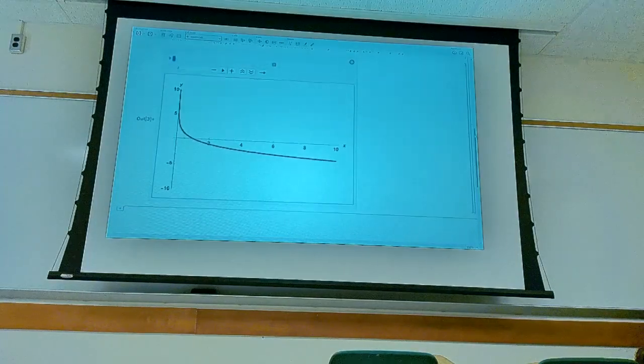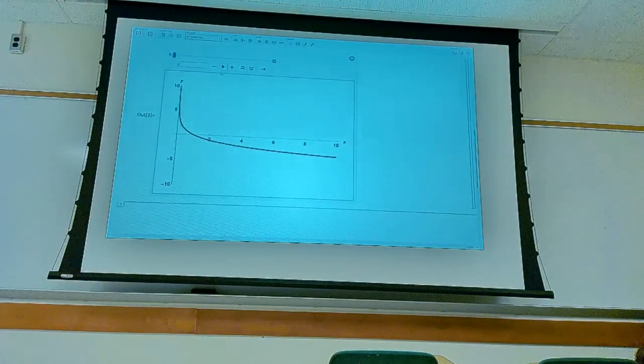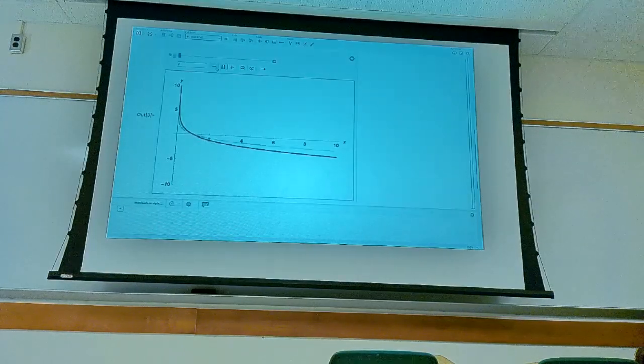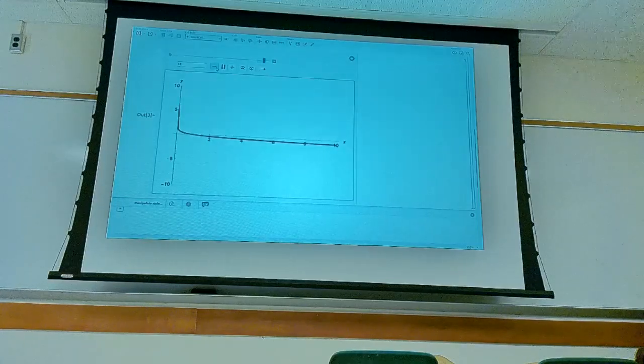And we're going to look at 1 over b. Again, we're going to let b just be integers from 2 to 20. And you should notice a very similar pattern. In fact, what is the difference?